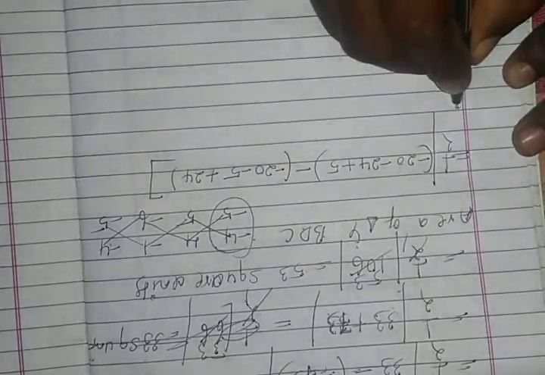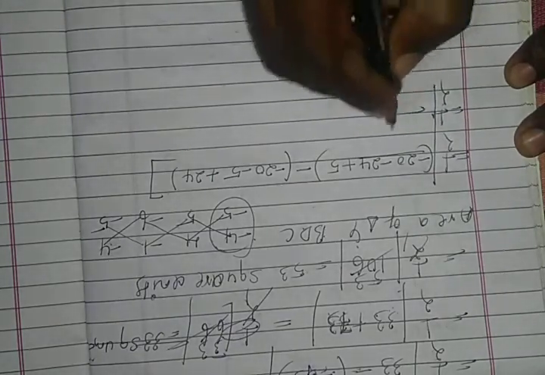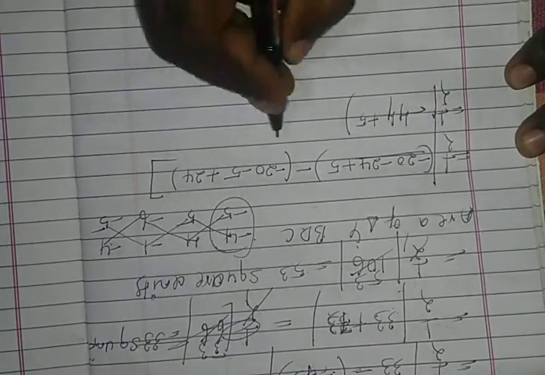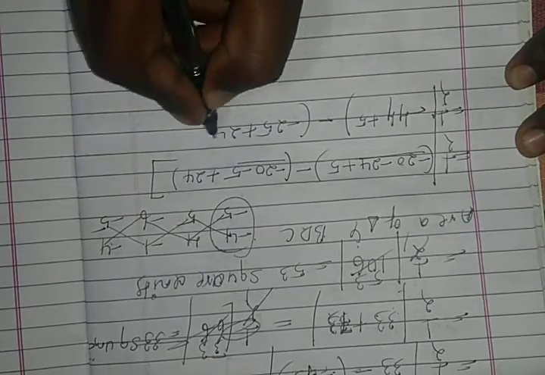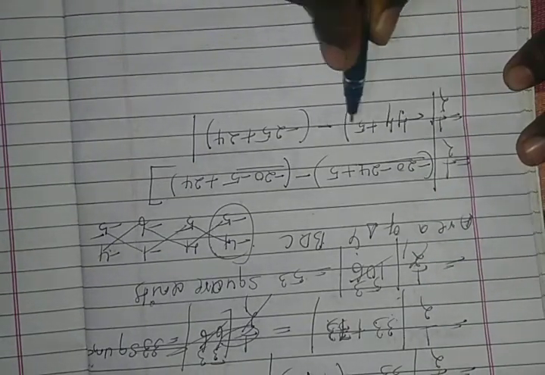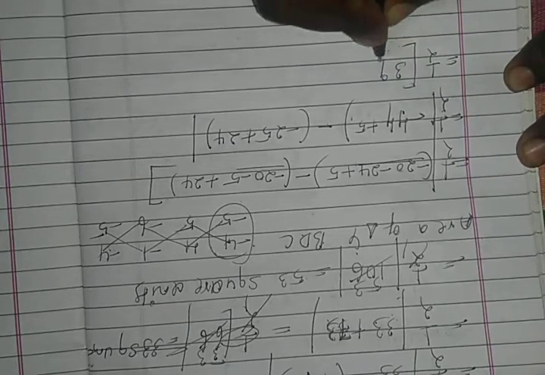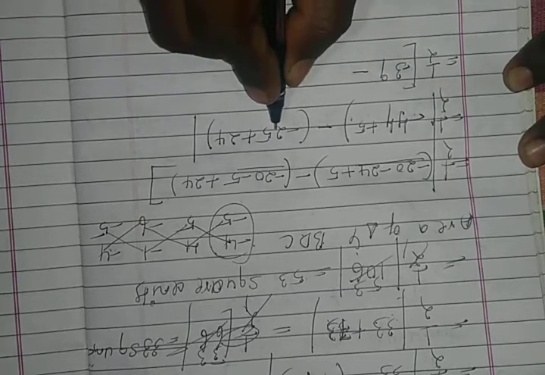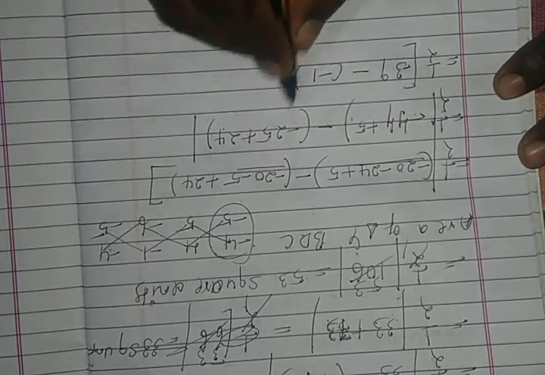Let us see. It is equal to half into, here both are minus, so minus 44 plus 5, minus 25 plus 24. Minus 44 plus 5 is minus 39, again minus 25 plus 24 is minus 1, subtraction 25 minus 24 is 1, big number is minus.